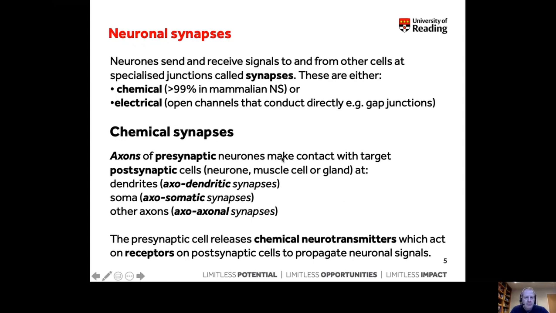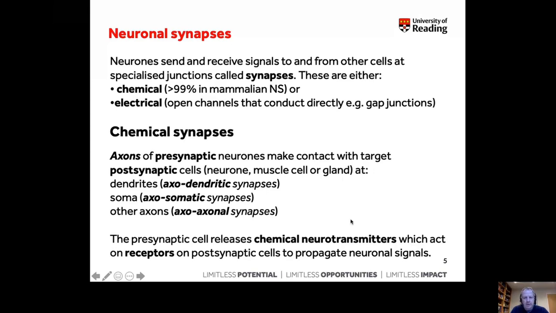As I said, this maybe just summarizes that previous diagram. Axons of pre-synaptic neurons make contact with target post-synaptic cells. The post-synaptic cells can be another neuron, can be a muscle like at the motor end plate, or maybe a gland that secretes.